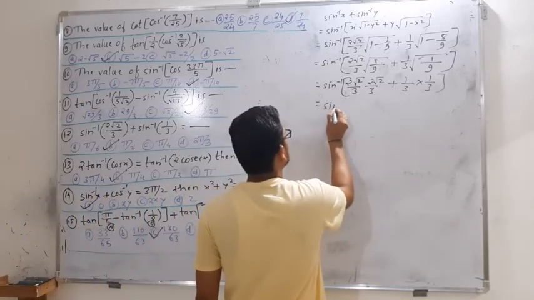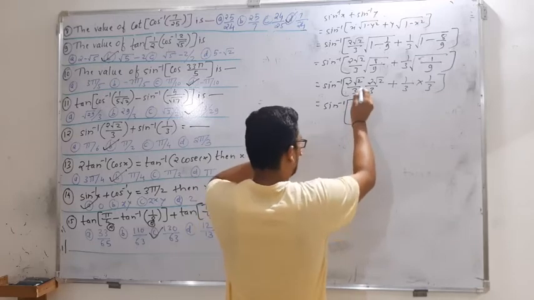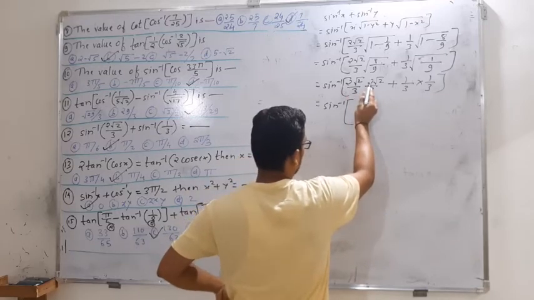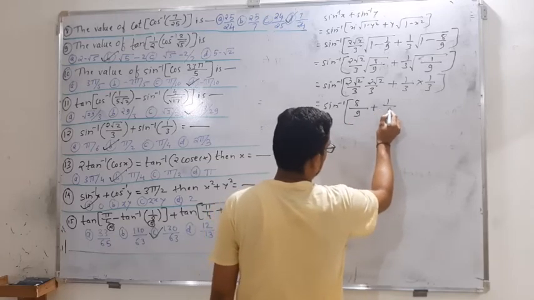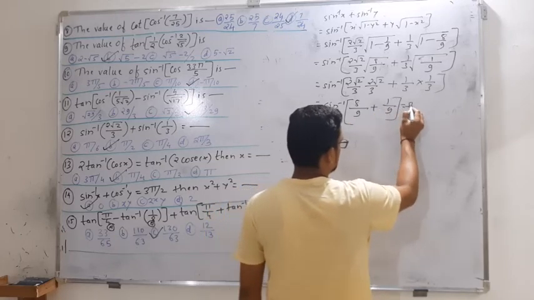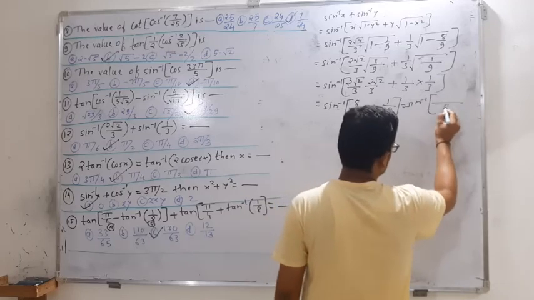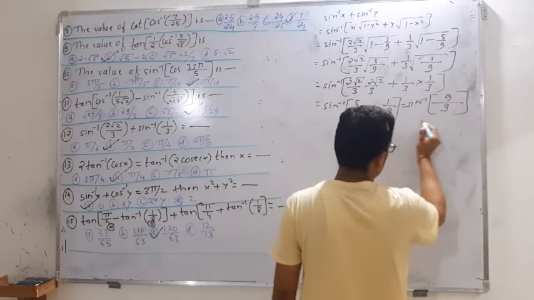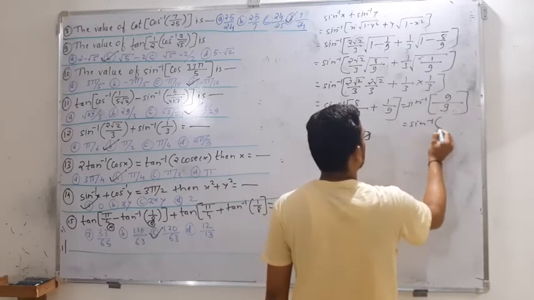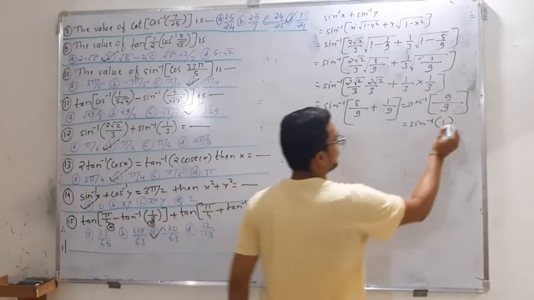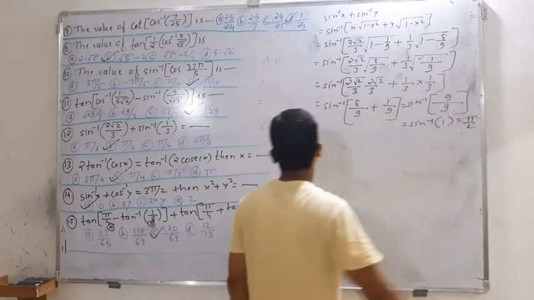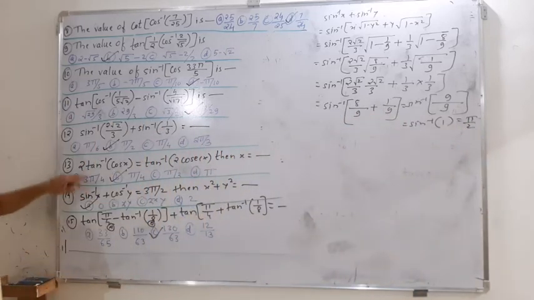So this is sine inverse of 2 root 2 into 2 root 2, which is 8 divided by 9, plus 1 by 9. LCM is 9, so 8 plus 1 is 9. So sine inverse of 9 by 9 is 1. When we get 1 in the sine table, that is pi by 2. So option B will be correct.